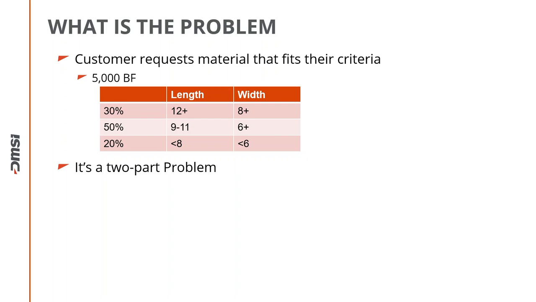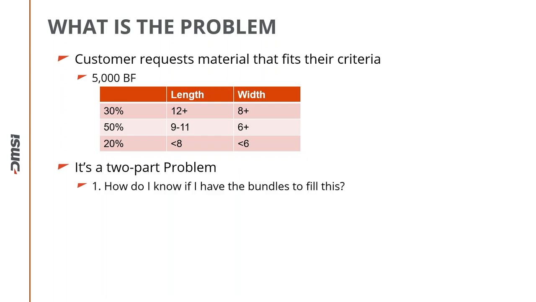This customer, for their 5,000 feet, is looking for 30% of it to be 12 foot and longer and 8-inch and wider boards. 50% of it they will allow to be between 9 and 11 feet and 6-inch and wider, which would basically be 6 to 8 inches. And this is the shorts part of it: they will allow only 20% of it to be less than 8 foot in length and less than 6 inches in width.